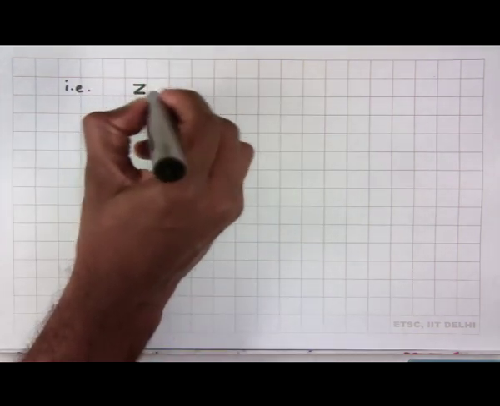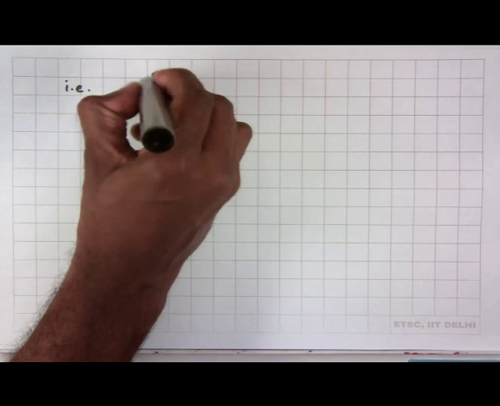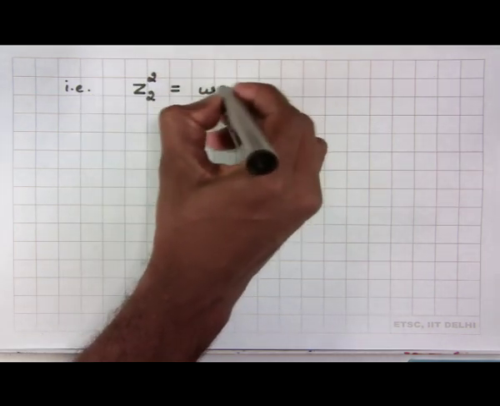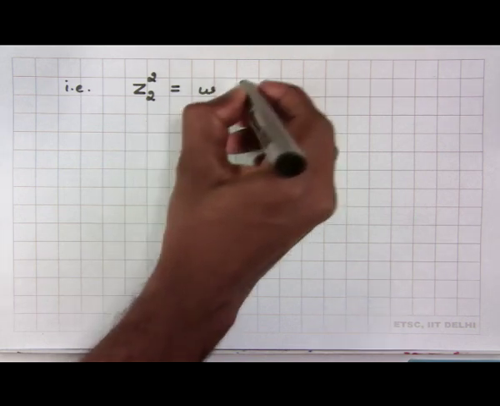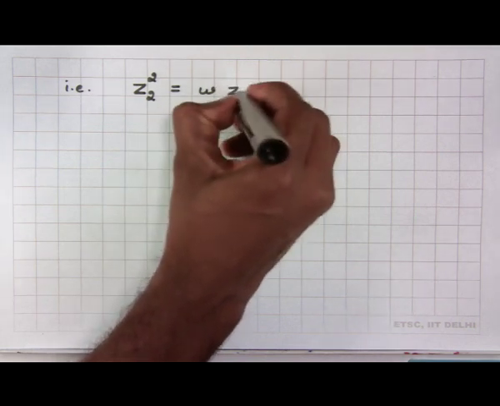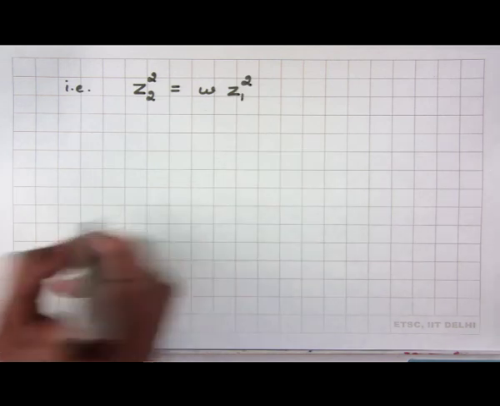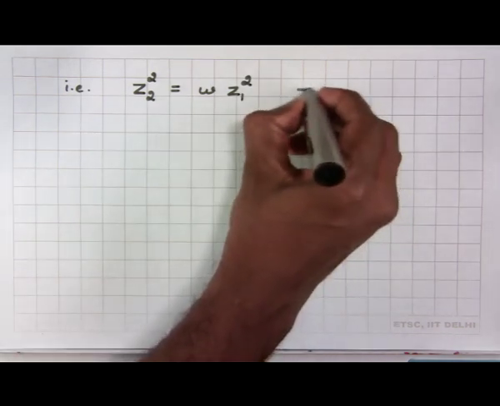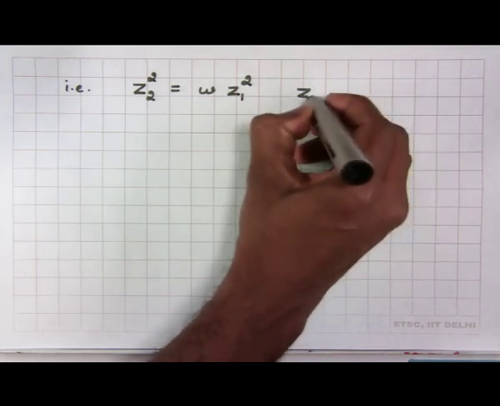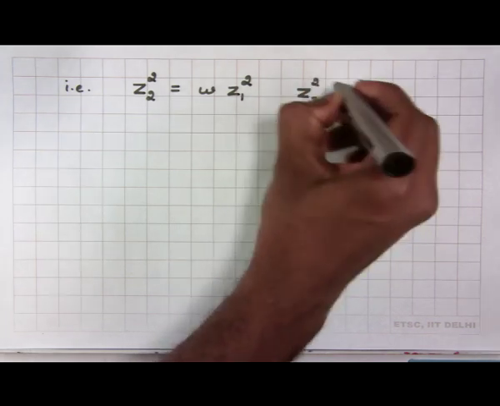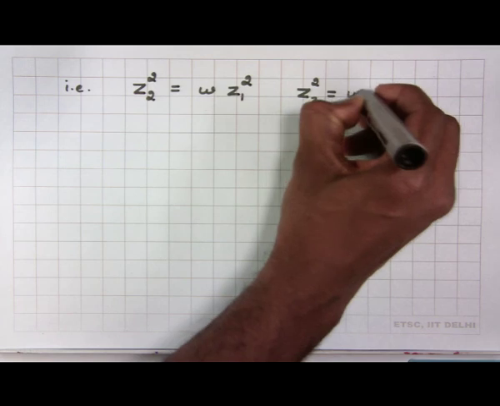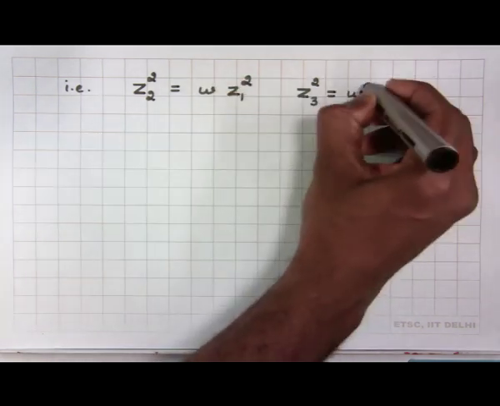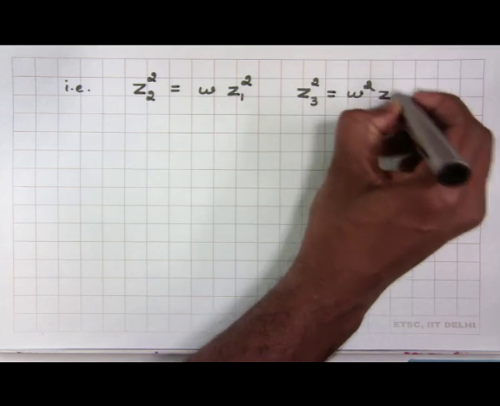We can obtain one vertex by rotating 120 degrees, that is, multiplying Z1 square by the cube root of unity, and we can obtain the other vertex, Z3 square, by multiplying further by omega, that is omega square Z1 square.